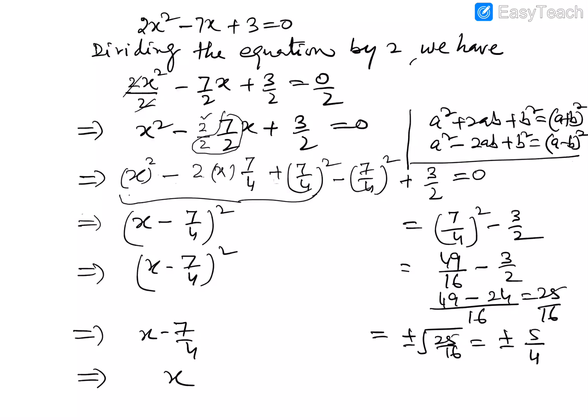So x is equal to this minus 7 by 4 will be transferred to the right side. So it becomes positive 7 by 4, then plus minus 5 by 4, which further implies that the value of x is equal to 7 by 4 plus 5 by 4 taking positive sign, and 7 by 4 minus 5 by 4 taking negative sign.